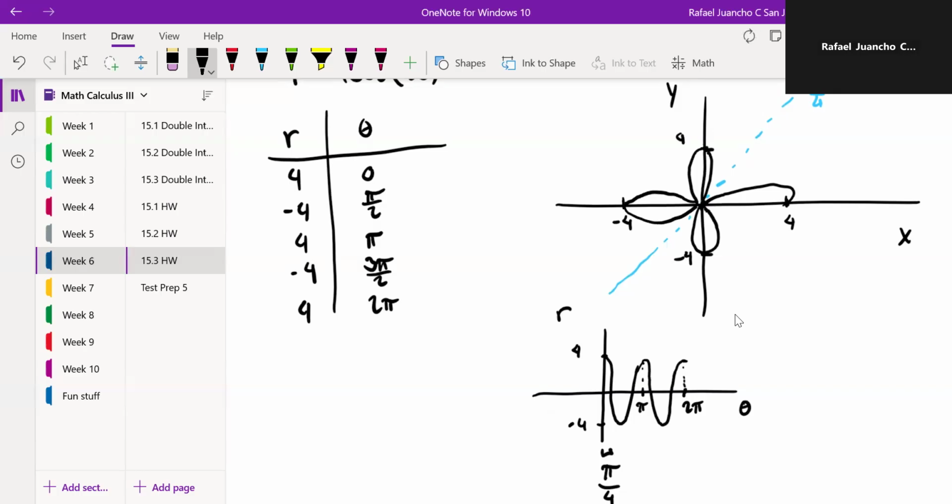Then I go all the way to 2 pi, going all the way back to 4. That's pretty annoying. Okay, yeah, we got that one. That one's really tricky.